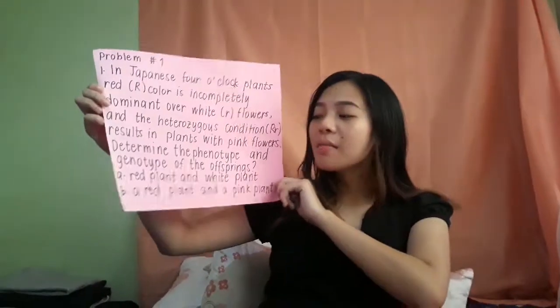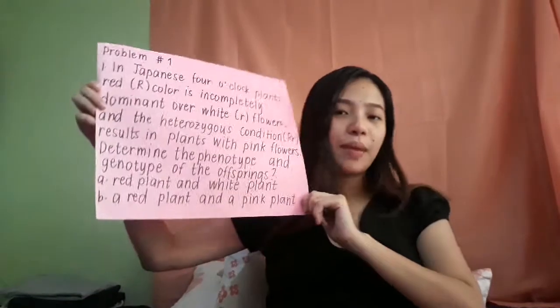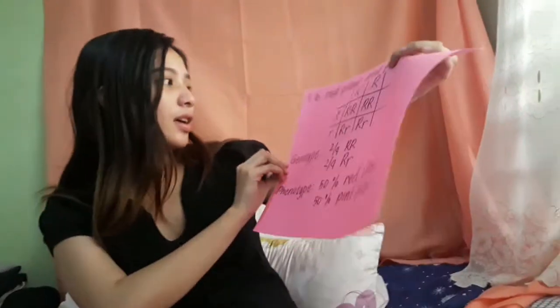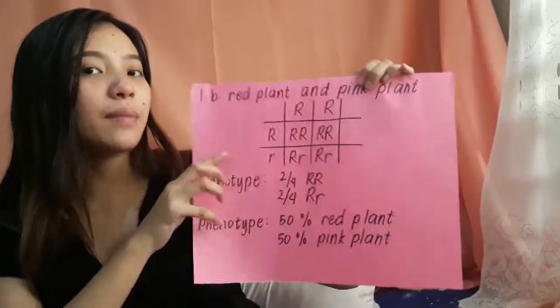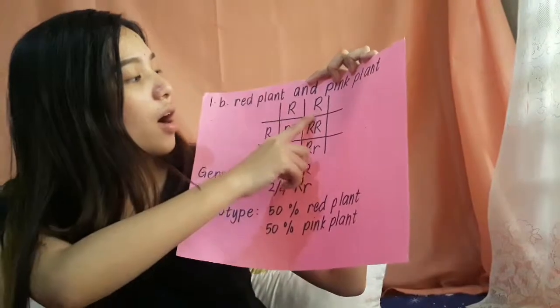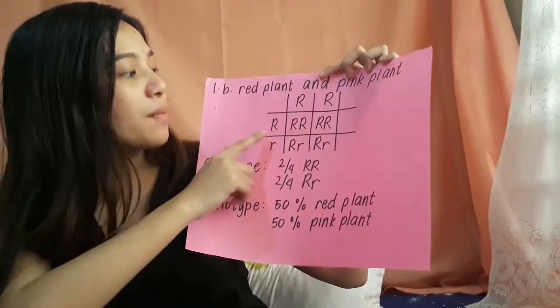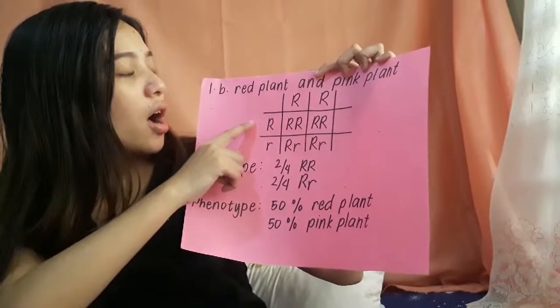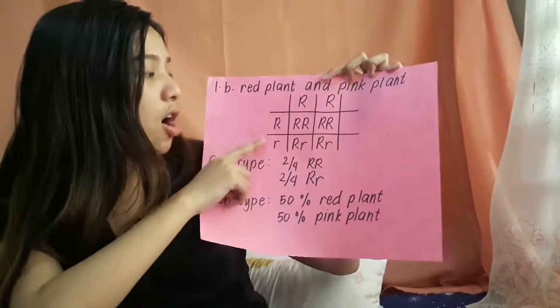In problem B, a red plant and a pink plant. The red plant is homozygous RR, and the pink plant is heterozygous RR.